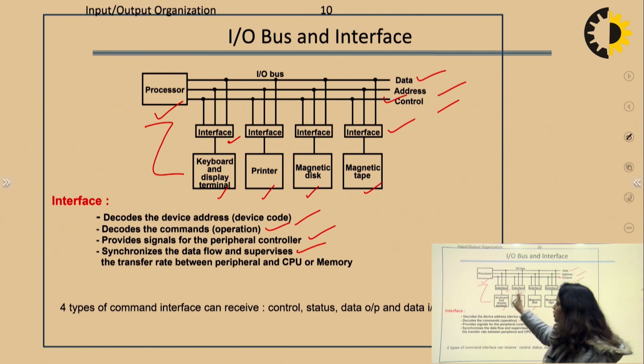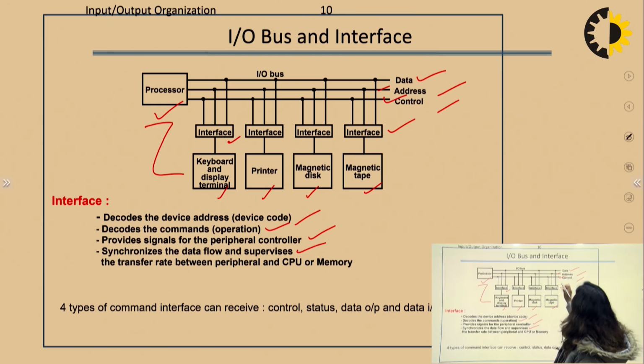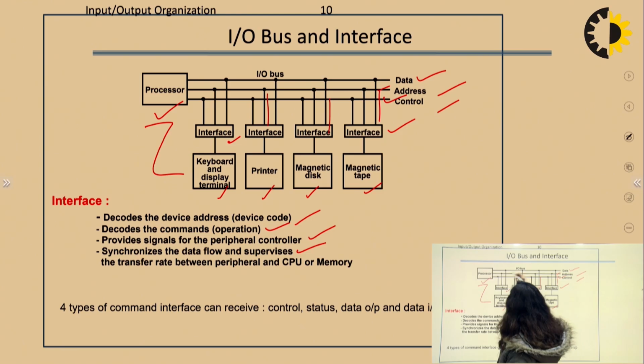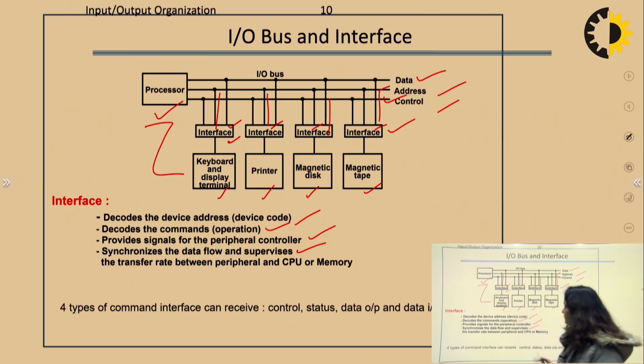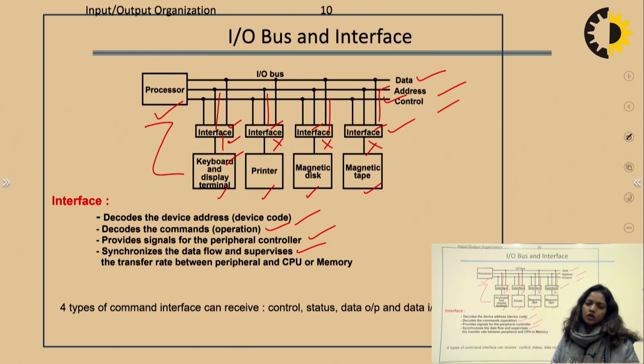Whenever the CPU wants to interact with any one of the input-output devices, it will insert an address on the address bus. That address will move to all the interfaces connected in the circuit. It will be checked for which particular device the address belongs to, and that channel will be opened by that interface for that device, and the others will reject it because that address belongs to some particular input-output device.